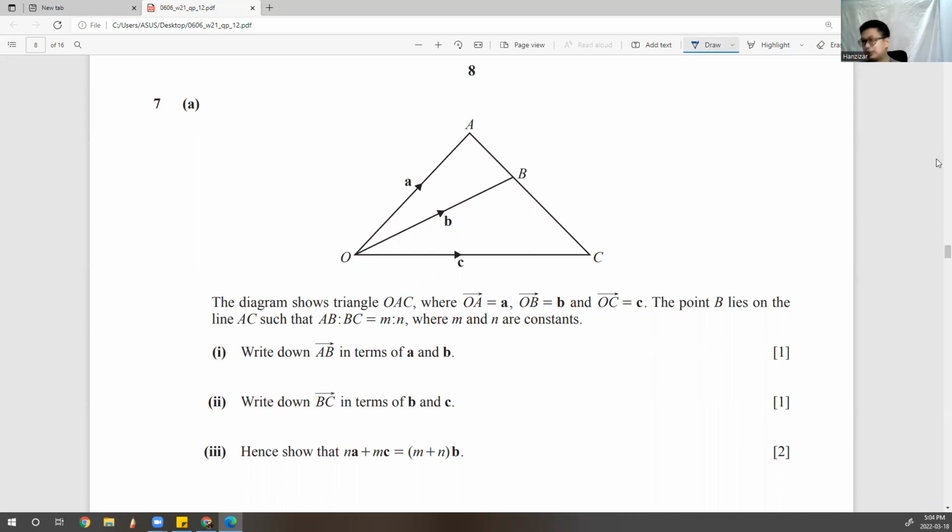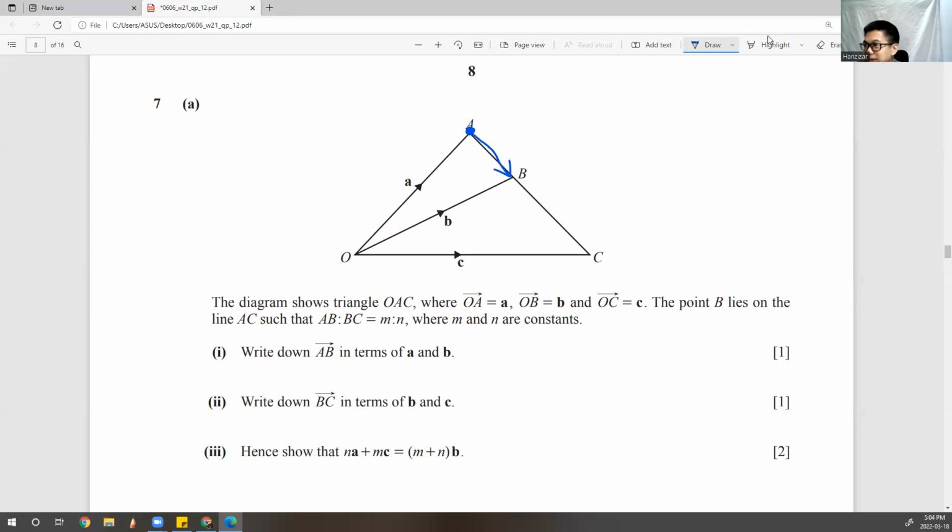So for number 7, write down AB in terms of a and b. So AB is this, right? To write AB in terms of a and b, we understand it has to go from the start to the end. The end is at B, because if it is BA, you just switch the arrow. So this is AB.